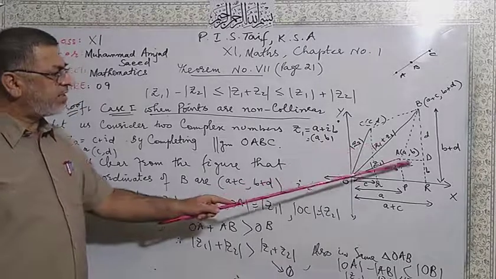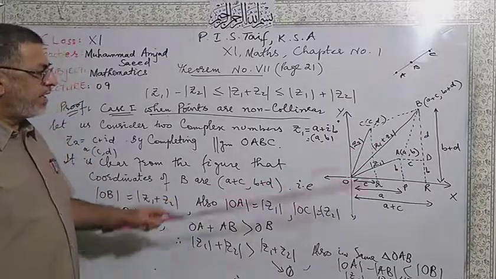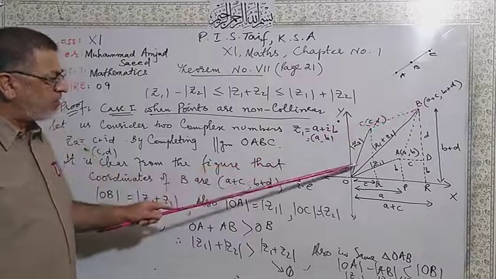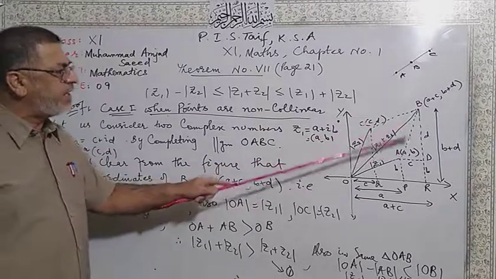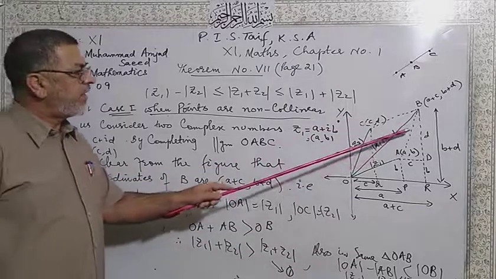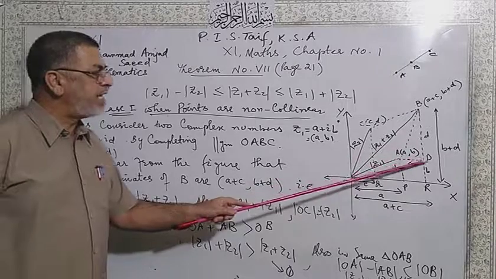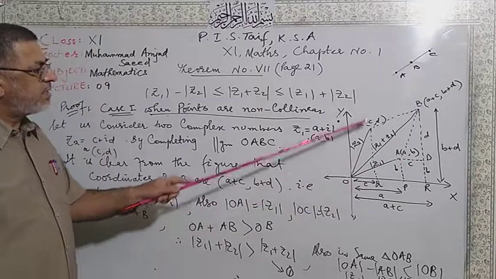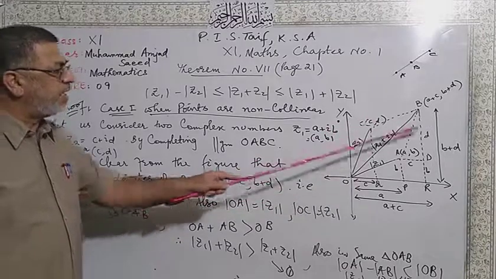So that's why I have written this c. Again I am repeating: because AB is parallel to OC and AB is congruent to OC, therefore AB will have the same X component as OC, that is c. Similarly, the Y component was d and here is d.